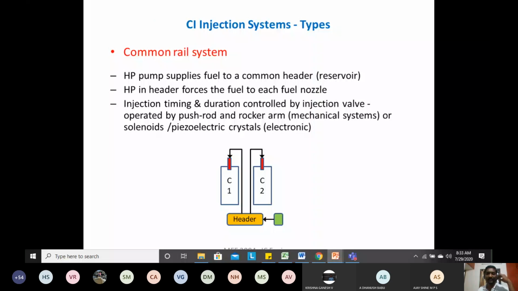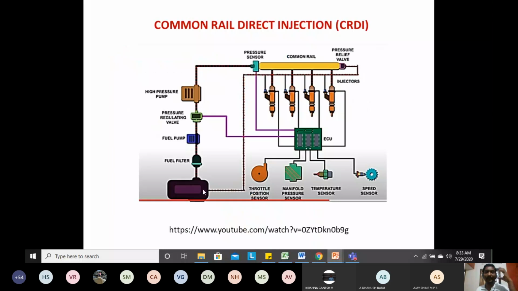So here you can see, this is the common rail direct injection system, CRDI. Most of the Hyundai cars you will find have this CRDI. This is the fuel oil tank, or the diesel tank. The fuel from the diesel tank, with the help of a fuel pump, passes through the fuel filter and is supplied to the high pressure pump.